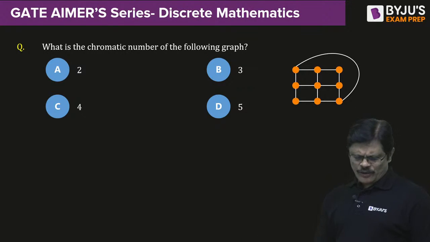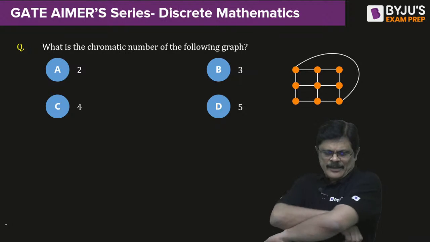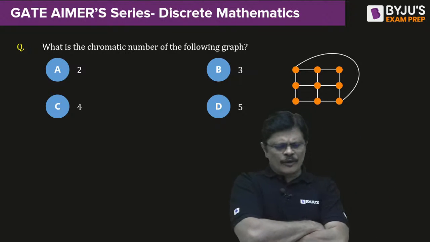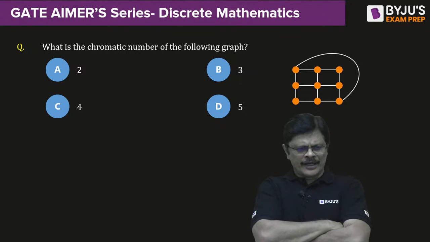So let us conclude with one more example. What is the chromatic number of the following graph, my dear friends?